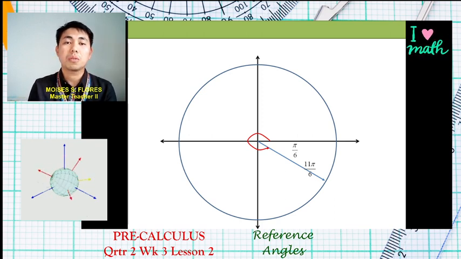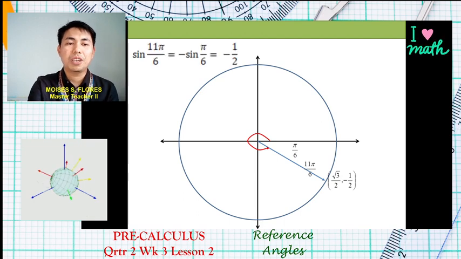And take note, our angle is in quadrant 4 from the counterclockwise direction. Then recall from our unit circle the coordinates of 11 pi over 6: square root of 3 over 2 and negative 1/2.